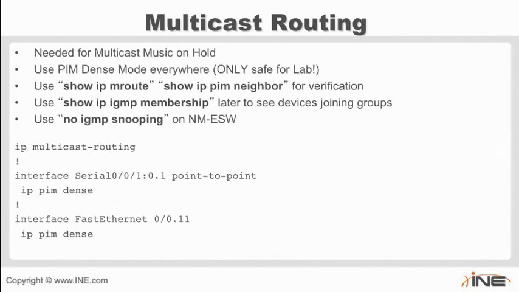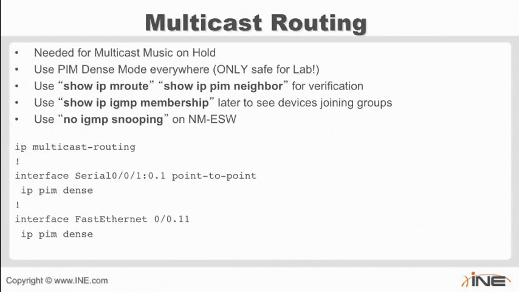Okay, we can also put it under any layer 3 interface that's either incoming or outgoing. So coming from the server, and we'll look at a topology and draw this up on the whiteboard in a moment, probably more so when we get to the media resources section. We would need it first incoming from the server VLAN, because the publisher and subscriber, at least one of the two, is where our music on hold server is going to lie.